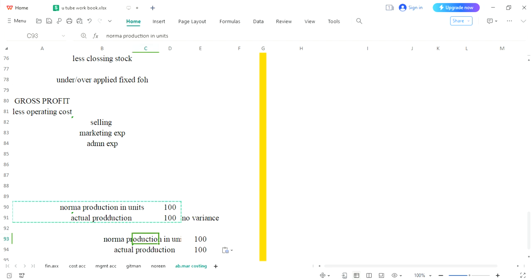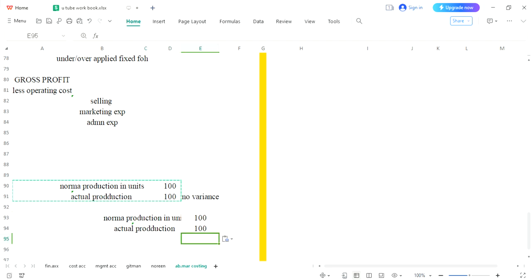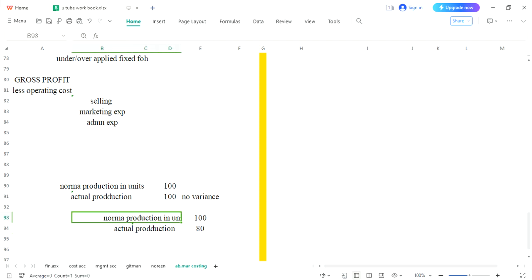Okay, normal production was 100 in the second example, but they have produced only 80 units. So what will you say? There is a variance. In the previous example, normal production was 100 and you produced 100. There was no variance. But here the case is different. Normal production was 100 and you have produced only 80 units. It means you have under production, and it would be called under applied.